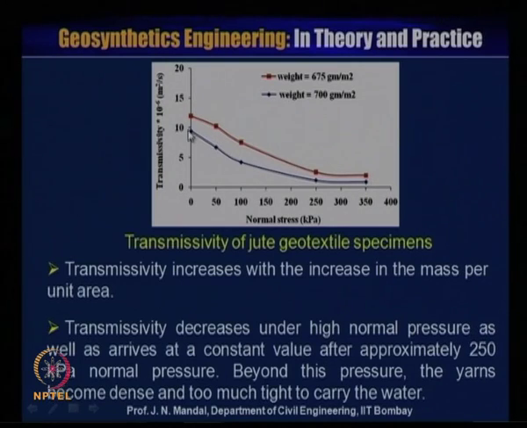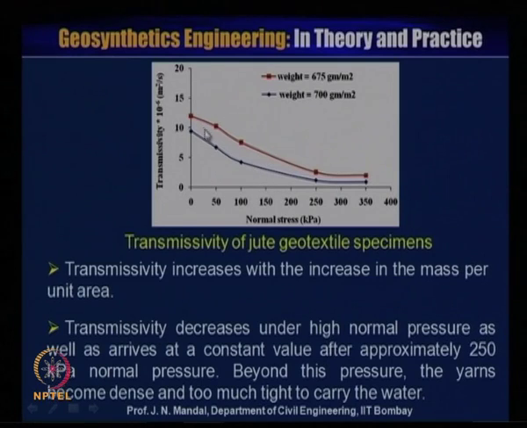And then you can obtain the transmissivity versus normal stress curve like this. You can see that transmissivity increases with the increase of the mass per unit area. This is for 700 gram per meter square. This red one is for 675 gram per meter square.